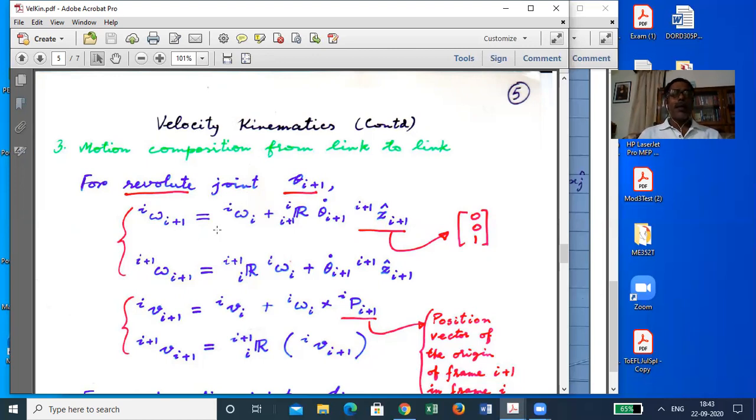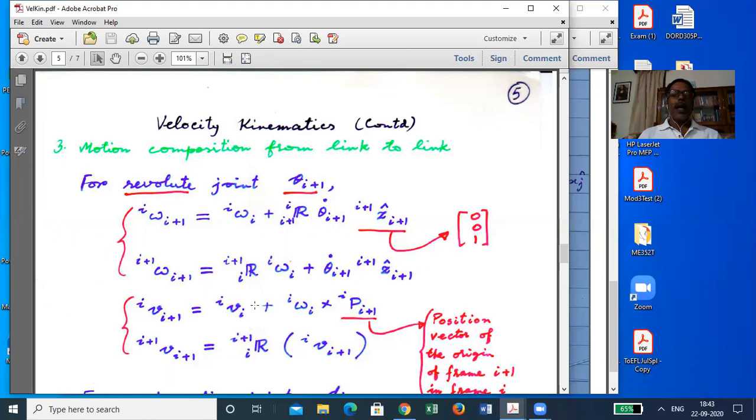This is the angular velocity of frame I plus 1 expressed in frame I and expressed in frame I plus 1 itself. Linear velocity of its origin is the linear velocity of the origin of frame I itself plus this angular velocity cross the position of the origin of the next frame.